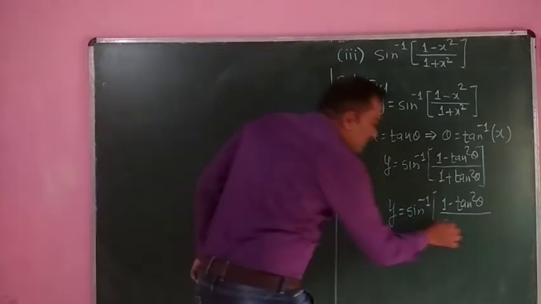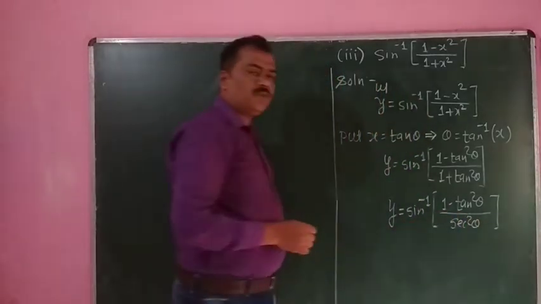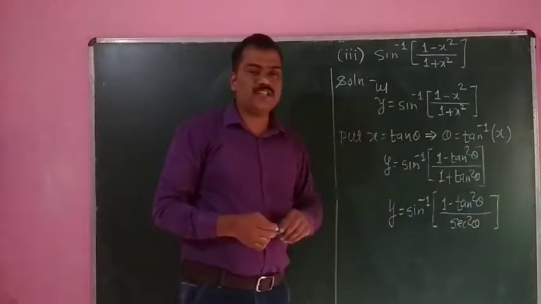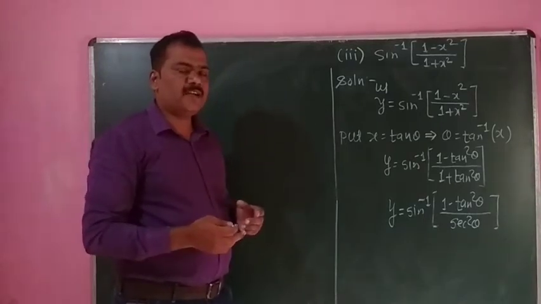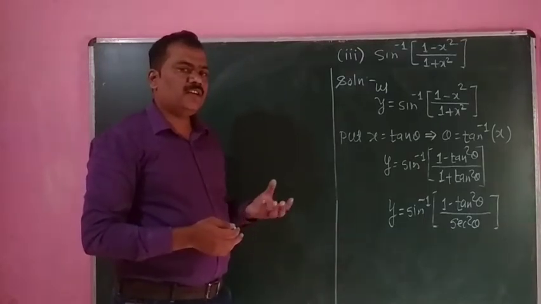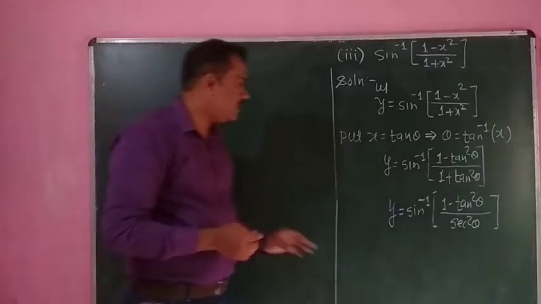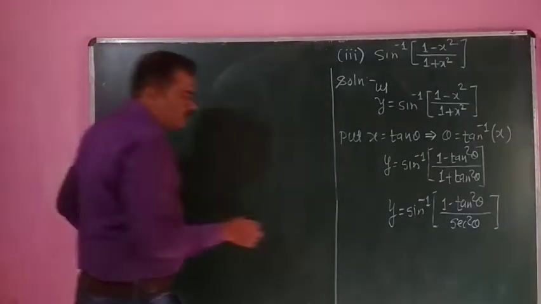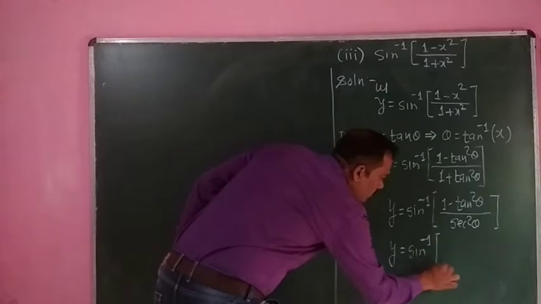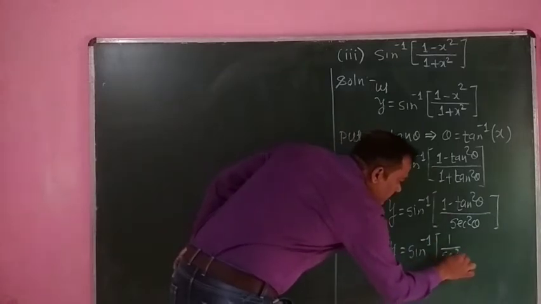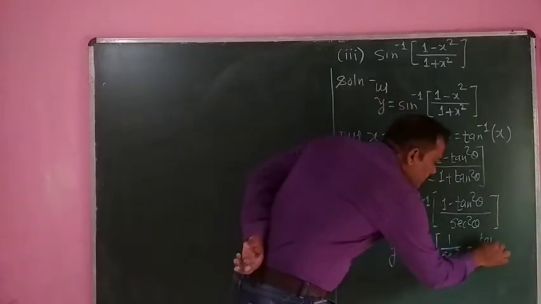Already in the first example, I think we discussed this formula, 1 minus tan square theta divided by 1 plus tan square theta. If you want to solve the maximum number of examples, you should keep all the formulas in your mind. Now we separately divide by sec square theta, so that y is equal to sin inverse of 1 upon sec square theta minus tan square theta divided by sec square theta.